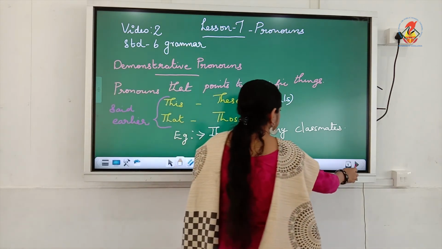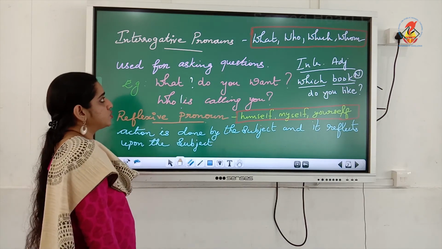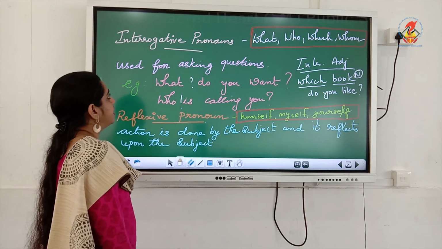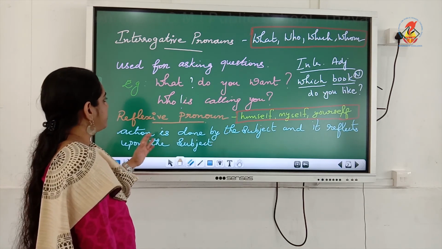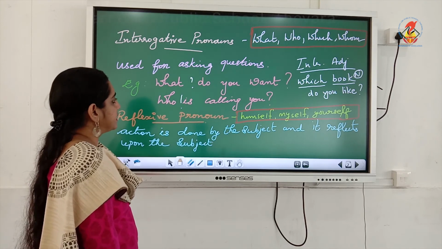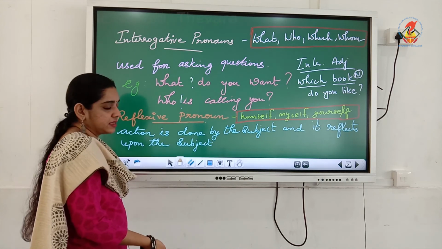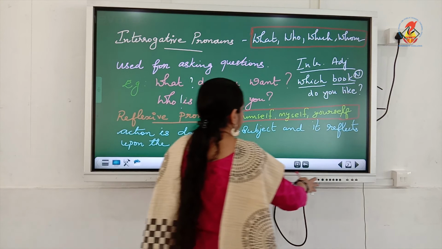Then we studied interrogative pronouns, words like what, whom, which, used for asking questions, and reflexive pronouns: himself, myself, yourself. What is a reflexive pronoun? The action is done by the subject and it reflects upon the subject. So that is a reflexive pronoun.